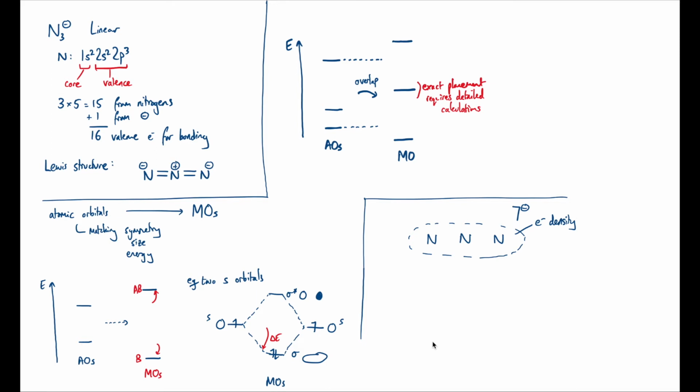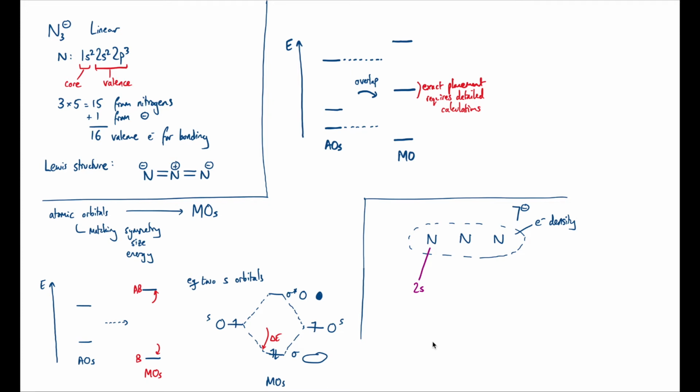Okay, having a think about what orbitals each nitrogen could contribute to this. Each nitrogen could contribute a 2s, or three 2p orbitals, that each one of these nitrogens is bringing to this molecule. We can start to think about what we might need to overlap. So each nitrogen here is contributing potentially a 2s orbital, and there's three 2p orbitals for each one of those.